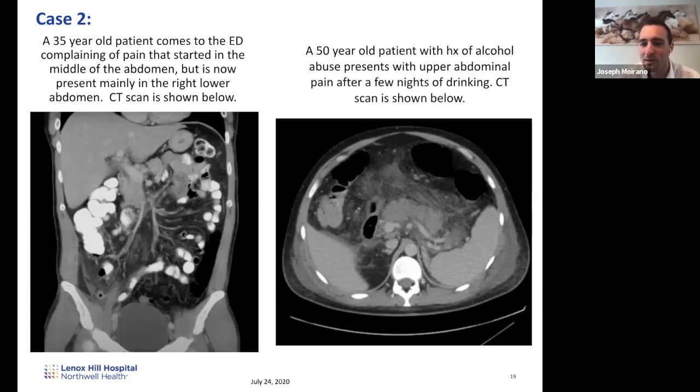There were a couple of people that got the correct answer here, which for this specific image is actually going to be pancreatitis. But everyone that was saying liver, that's also a great idea. Based on the patient history, liver is definitely an appropriate answer, because the liver is in the upper portion of the abdomen and will present with pain across those upper portions.